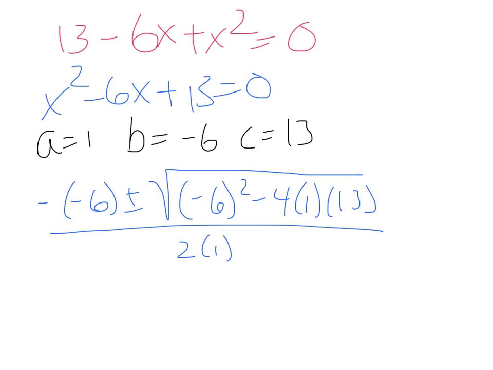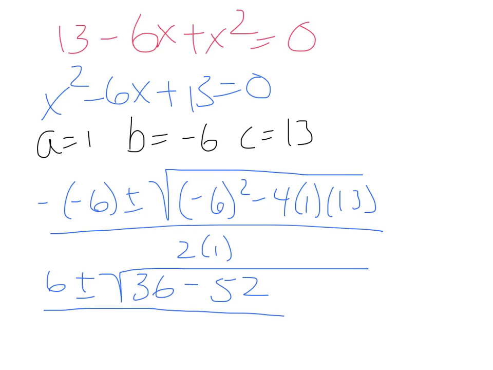Okay? So negative 6 makes positive 6 plus or minus the square root. Negative 6 squared is 36. 4 times 1 is 4 times 13. 52? Should be minus 52. All over 2. Now notice something.